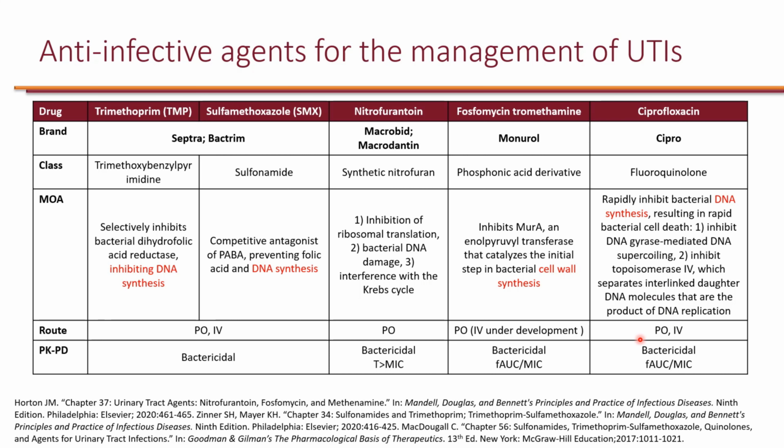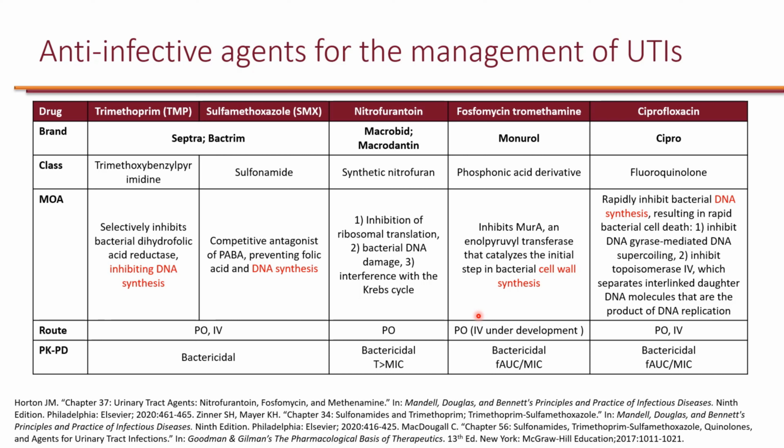Fosfomycin is only available as oral in the United States currently, and an IV formulation is under development. The way it works is that it inhibits MurA, which essentially inhibits the initial step in bacterial cell wall synthesis.